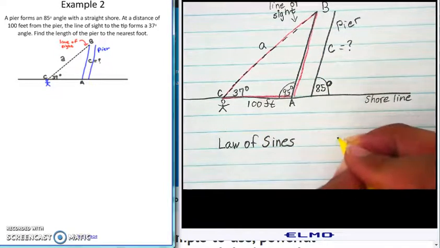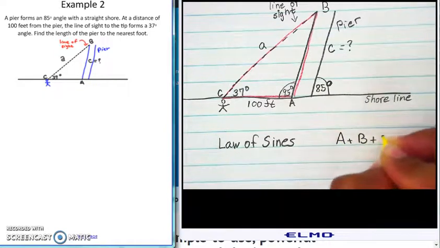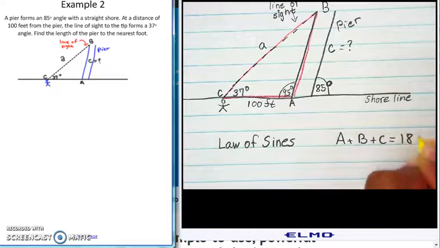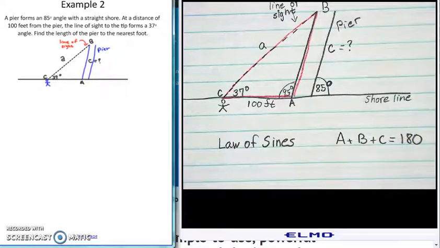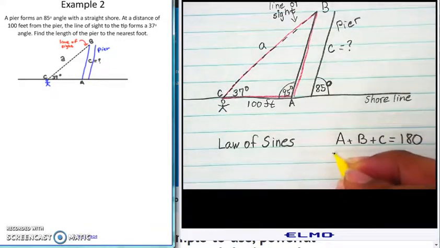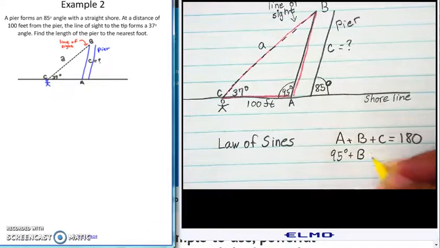So, easy peasy, lemon squeezy. We know that all three of these angles add up to 180. We have two of the angles, so we should be able to find that third angle really easily. So that's 95 here. Again, we don't know what B is.